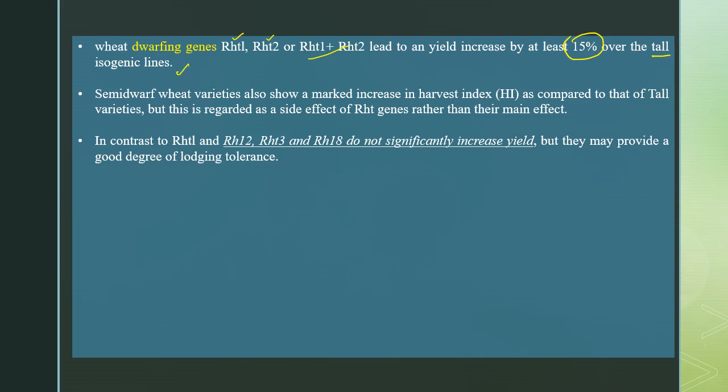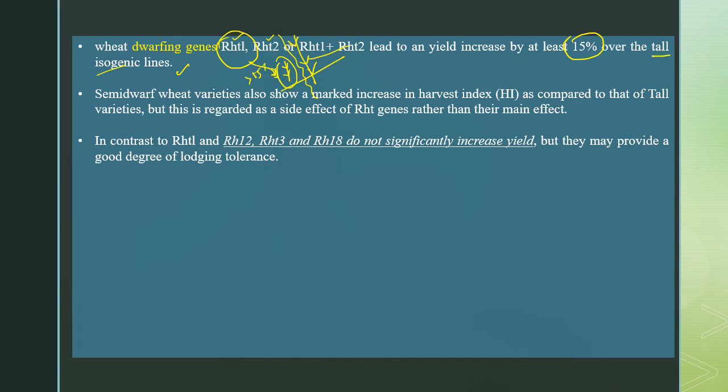What we mean by isogenic lines is that, if this is the dwarf variety and this is the tall variety, they differ only because of the RHT1 gene or RHT2 gene. Except for that, all are the same; this one will possess the RHT1 or RHT2 gene, and this one will lack them. It can have greater than 50% yield increase because of these genes.